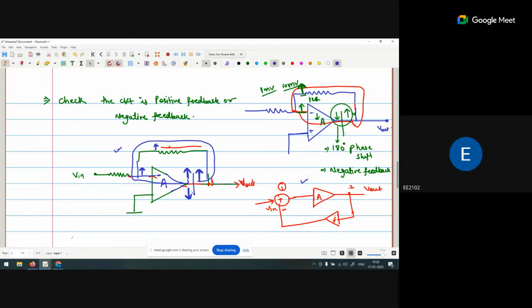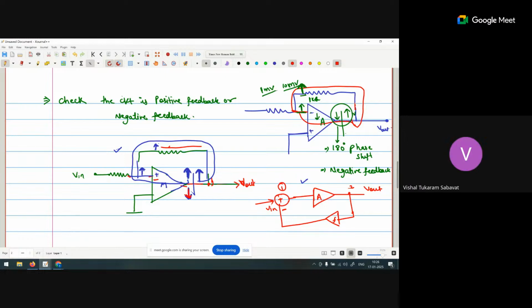So when this terminal is positive, the voltage is in a positive direction. When this terminal is negative, it becomes a voltage in a negative direction.